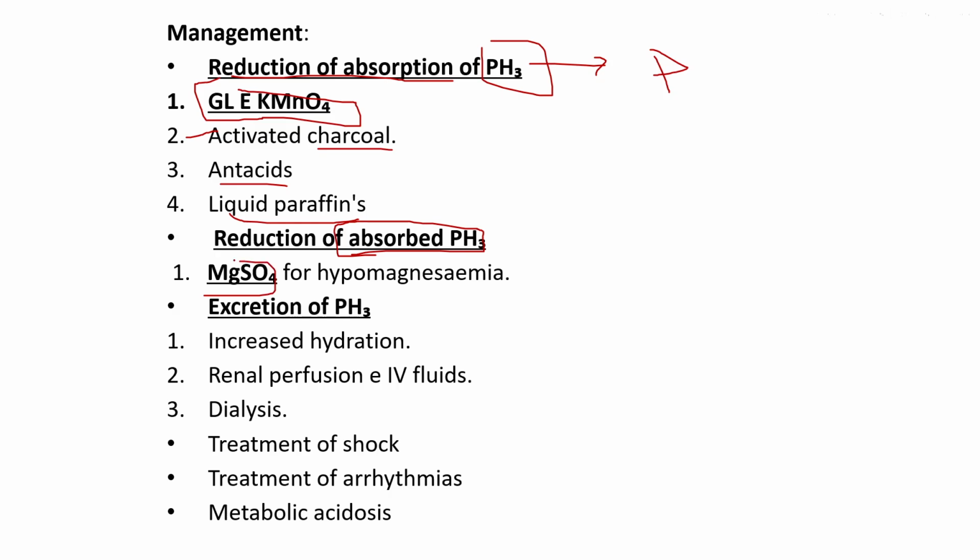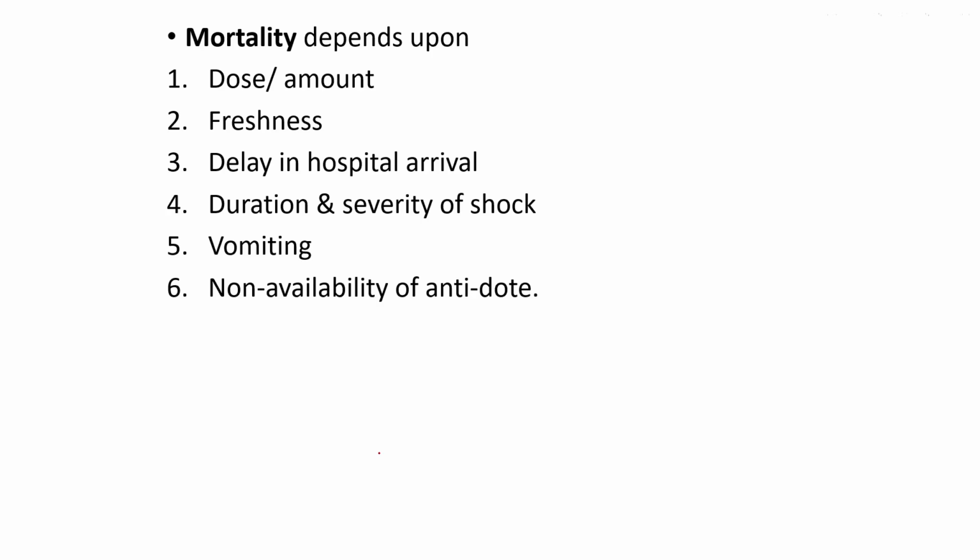So magnesium sulfate. This is the antidote specifically used for the absorbed phosphine gas, because it leads to hypomagnesemia. Now, we need to excrete the phosphine gas that's present inside the body by increasing hydration, regular perfusion through IV, dialysis, and treating the shock, arrhythmias, and metabolic acidosis that is produced.